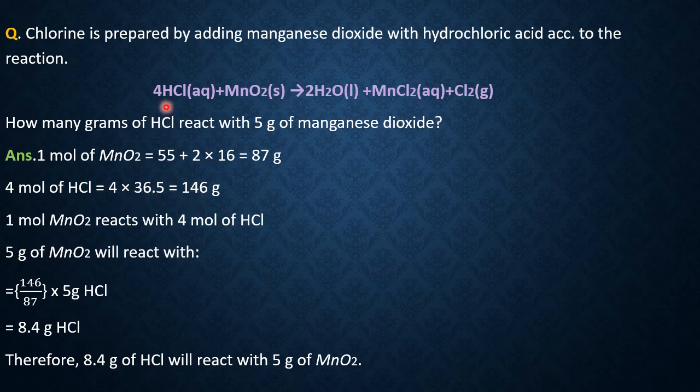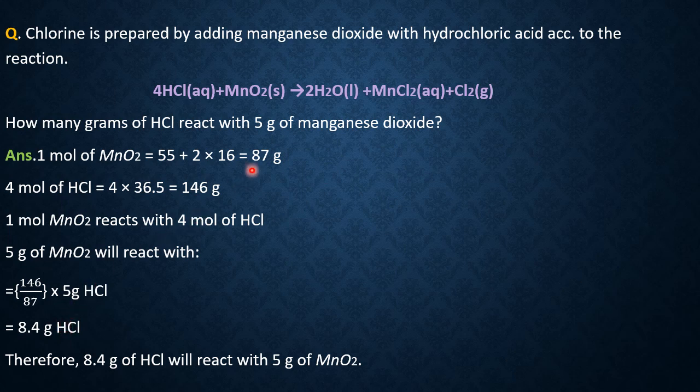Now for 1 MnO2, no need to calculate here actually. What is the question here? How many grams of HCl react with 5 gram of manganese dioxide? What is the MnO2 mass here? Mn and 2 O, that gives you 87.